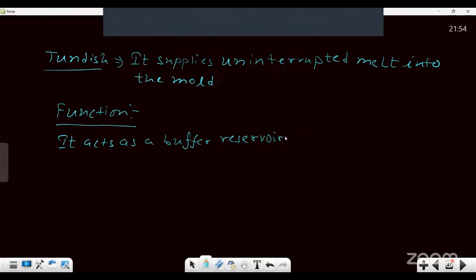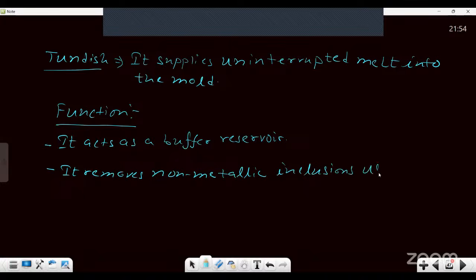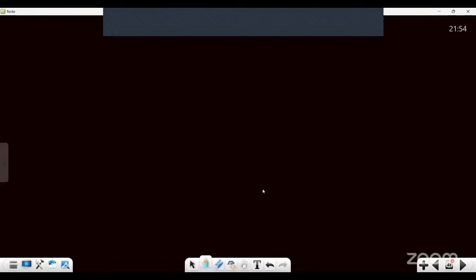And this also removes non-metallic inclusions using flow modifiers. So this is the function of the tundish.